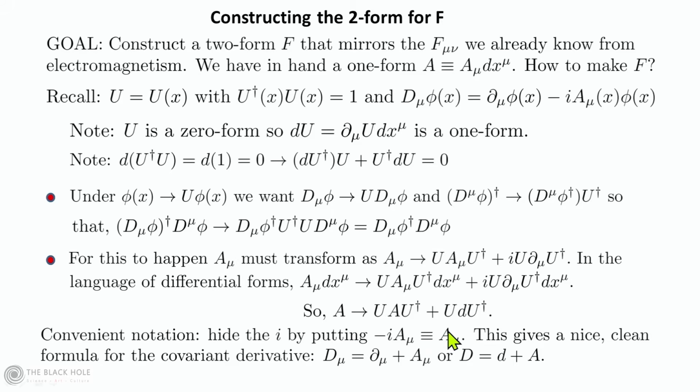And so that's very nice because instead of having i's floating all over the place, the covariant derivative is just D plus A. So this is now a one-form operator. D is an operator, remember, but it's a one-form operator. And by the way, if you square this, you'll find something very nice and amusing. But I won't do that over here.